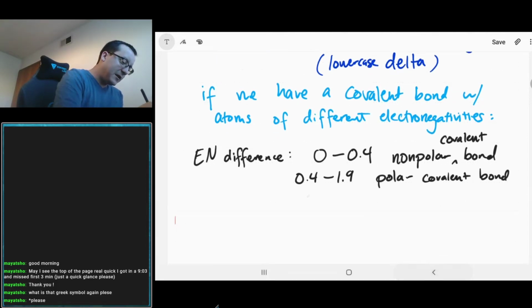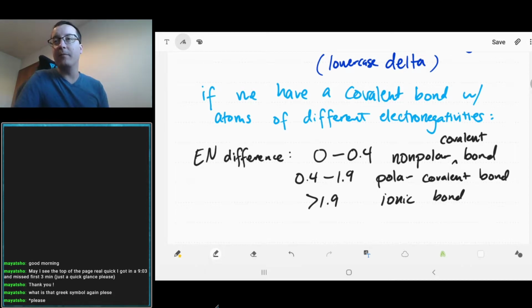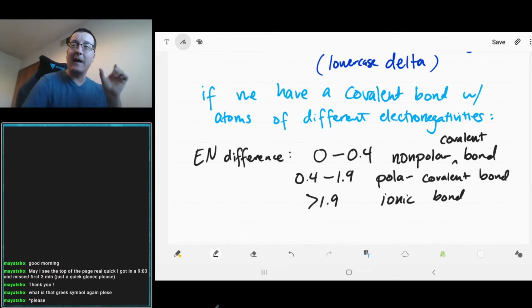And then if it's just bigger than 1.9, it's going to be completely ionic. So this is kind of like a spectrum. At one end we have completely nonpolar things, and on the other end we have completely ionic things. So ionic things have completely taken the electrons away.